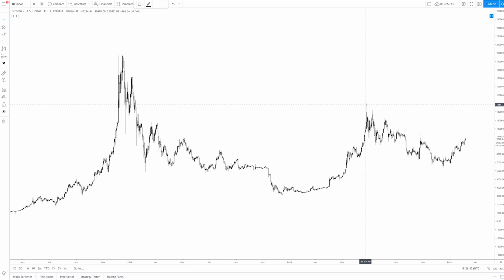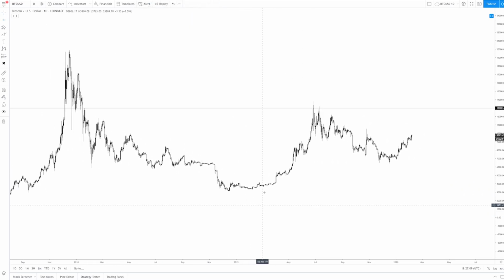So we can see that we have a high point right here, we have a high point right here, and we have a high point right here. So if I mark this out, I just have the top of my range of a very large time period. Now if I go to the bottom, I can see that I have a low point right here, a low point right here, and a low point right here.